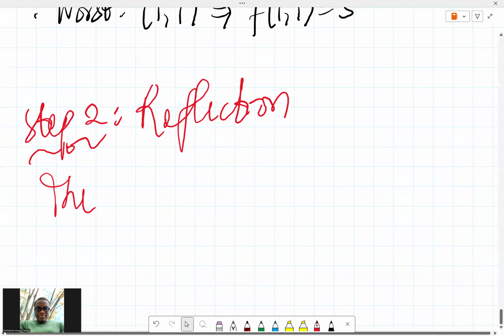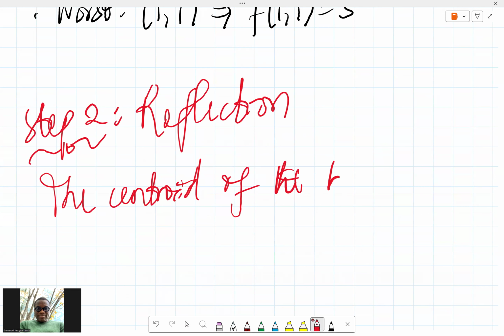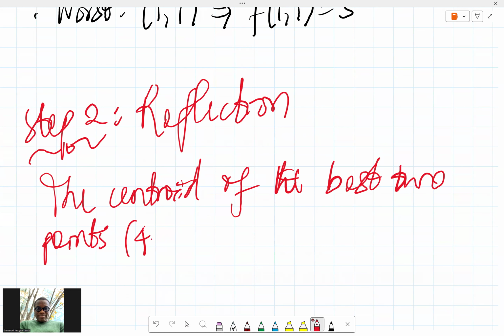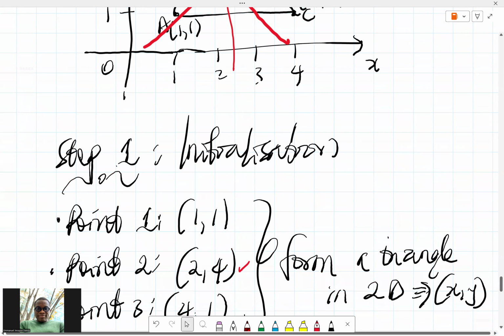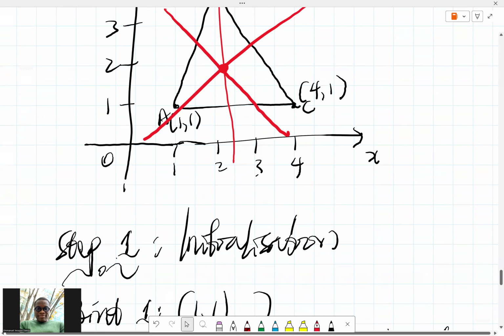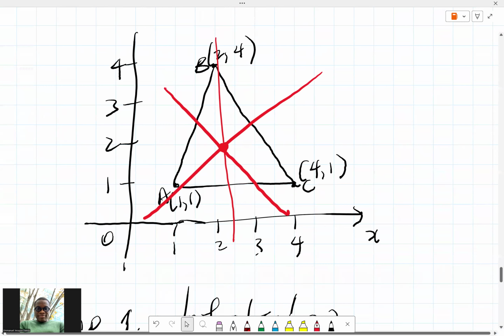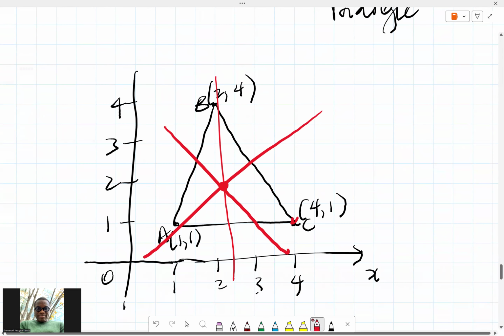For the reflection, I would say the centroid of the best 2 points, which are 4, 1, and 2, 4. This is 4, 1, and this is 2, 4.